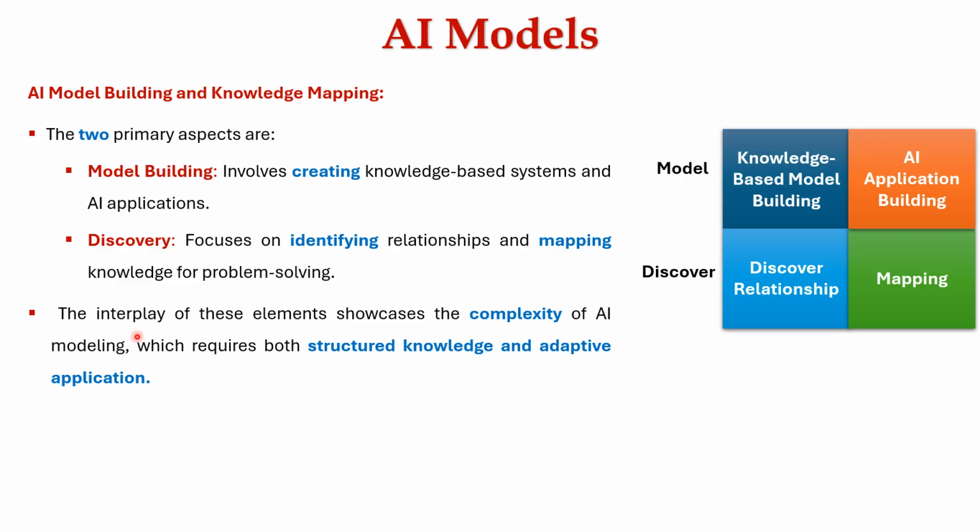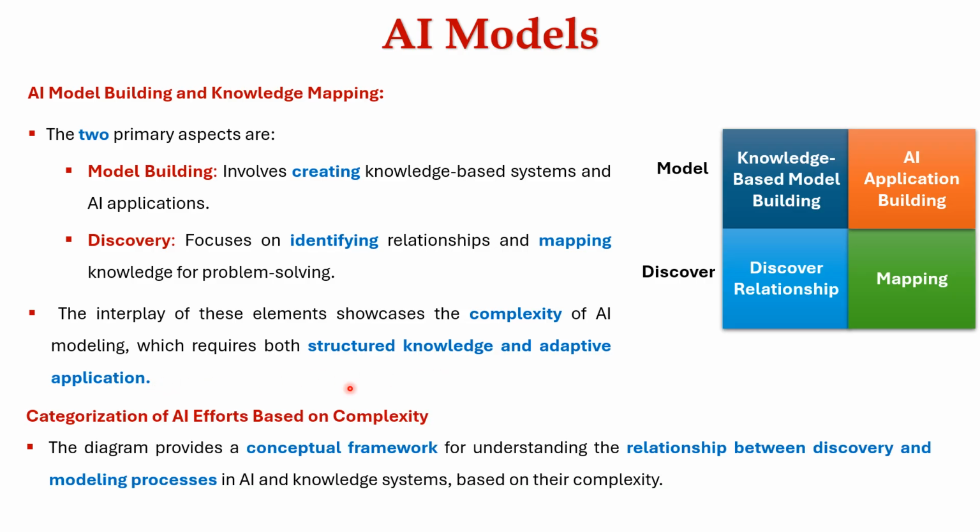The interplay of these elements showcases the complexity of AI modeling, which requires both structured knowledge and adaptive applications. So, the diagram provides a conceptual framework for understanding the relationship between discovery and modeling process in AI and knowledge system based on their complexity.